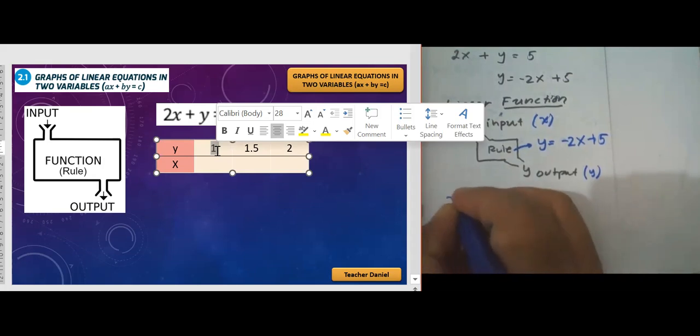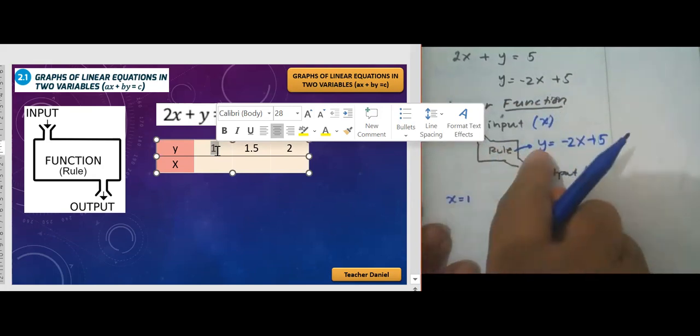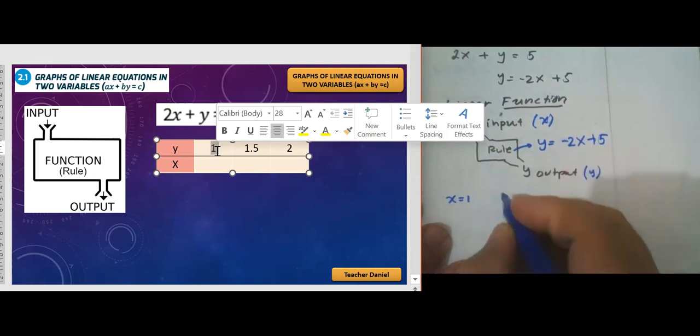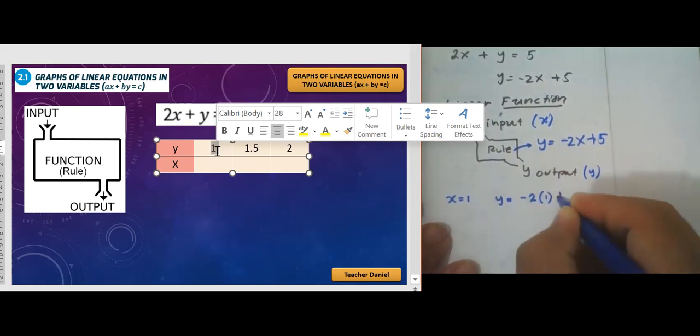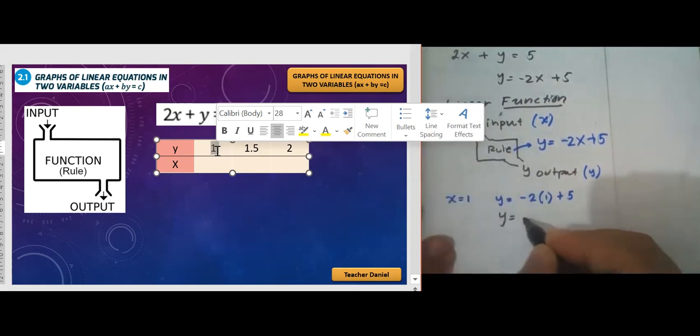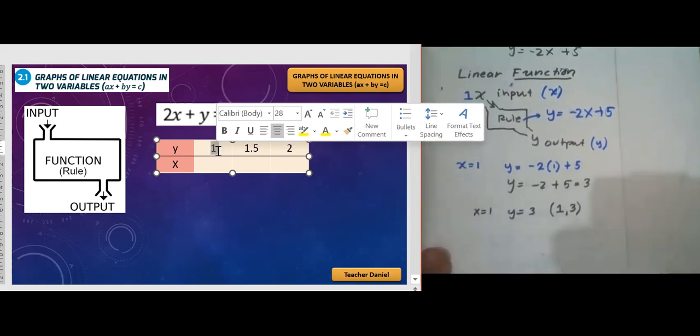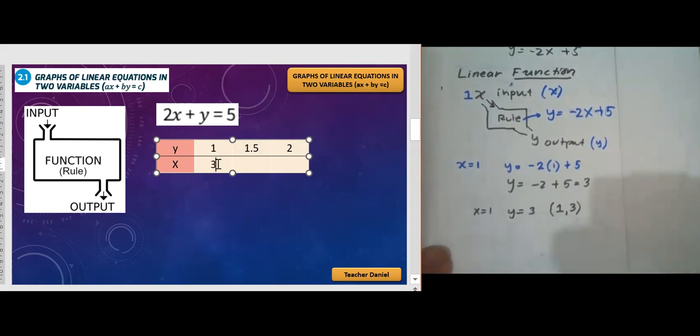You input 1 here, and it will be processed according to this rule: y = -2 times 1 + 5. So y = -2 + 5 = 3. Meaning, if x is 1, y is 3, or we can write this as the coordinate (1, 3).